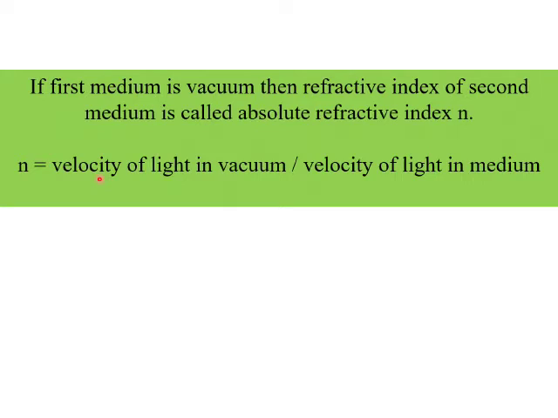The absolute refractive indices of some media have been given on page number 75 of your textbook. So you can go through the values. You are not supposed to learn them, but you must read the box which is given. You will find that the value of refractive index goes on increasing. So as the medium becomes denser, we know that the refractive index value also increases.